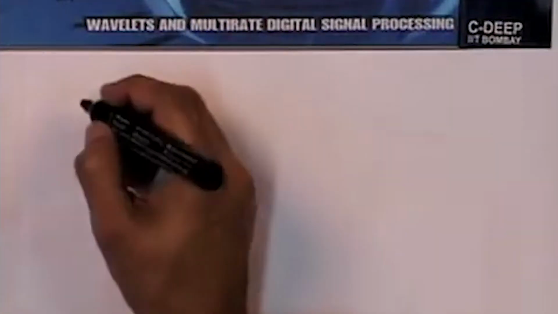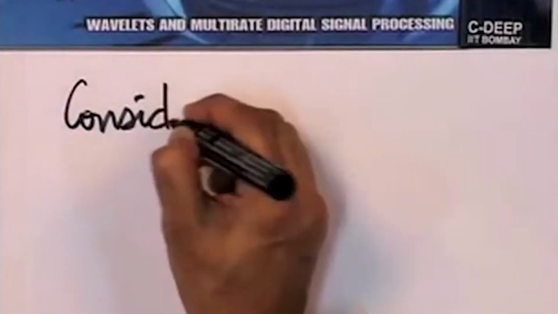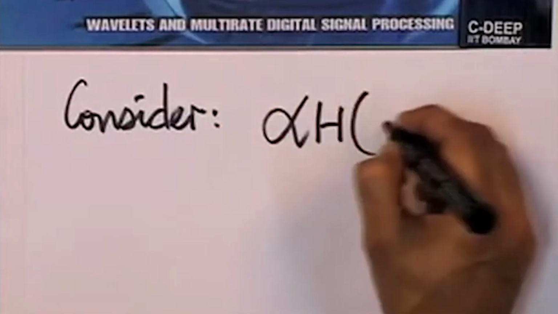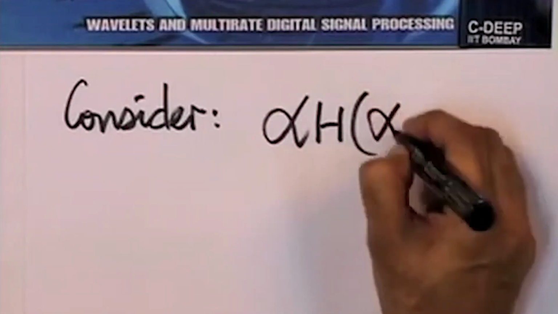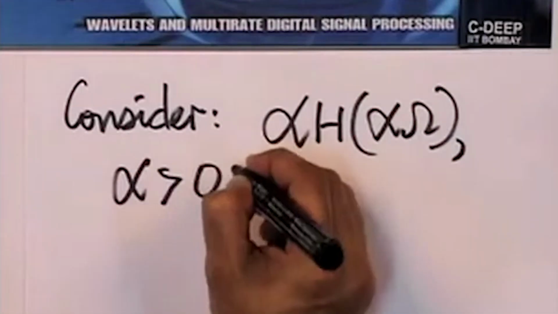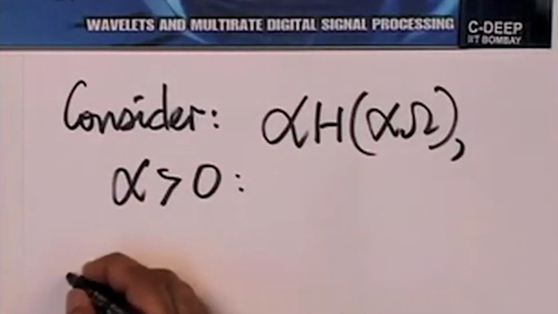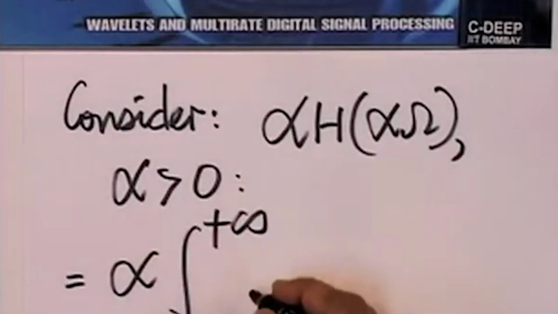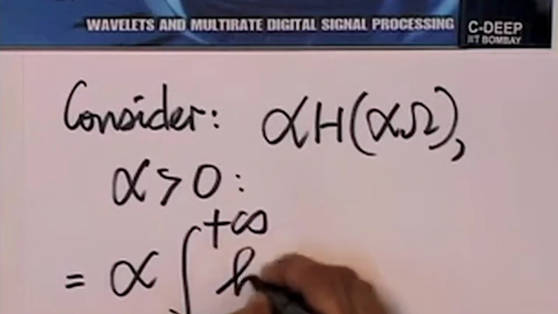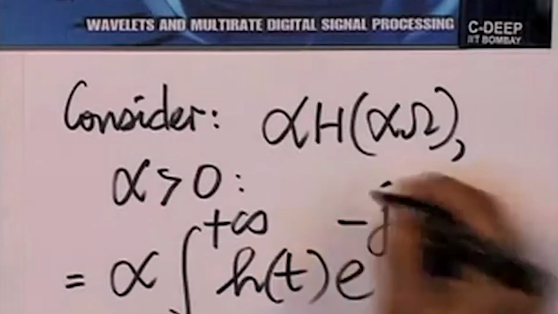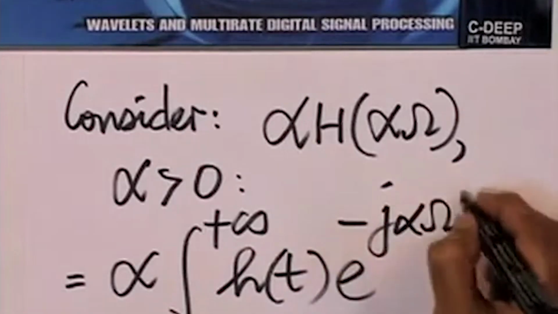So, what I am saying is consider alpha times H alpha times omega with alpha positive. It is equal to alpha times integral from minus to plus infinity h t e raised to the power minus j alpha omega t dt.